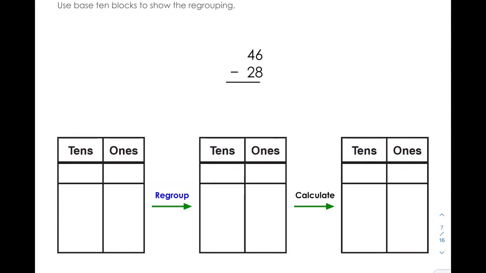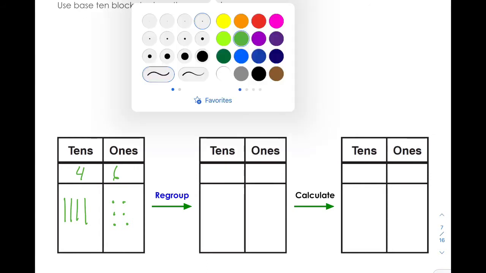Okay, so we're going to now do a subtraction that has some regrouping. So we have 4 tens and 6 ones, which looks like this. 1, 2, 3, 4. 1, 2, 3, 4, 5, 6. I can't do 6 minus 8 because 8 is a bigger number. So what I'm going to do is regroup.